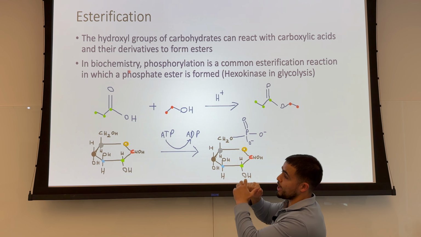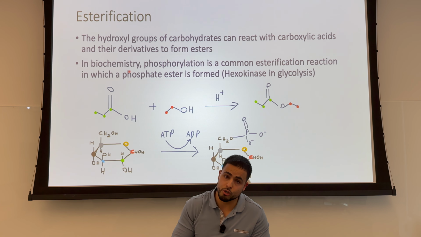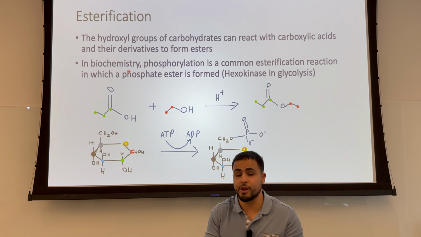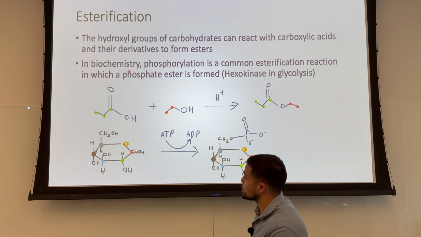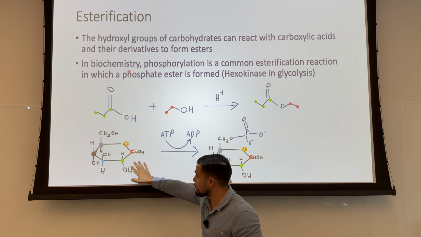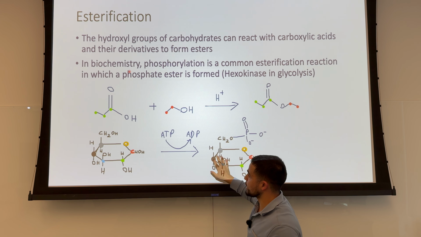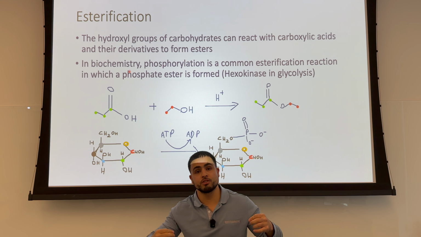So this is essentially what can happen with sugars because they contain alcohols. If you react them with a carboxylic acid, they'll undergo a Fischer esterification reaction. Now, this is kind of a special type of esterification where you have phosphate esterification.